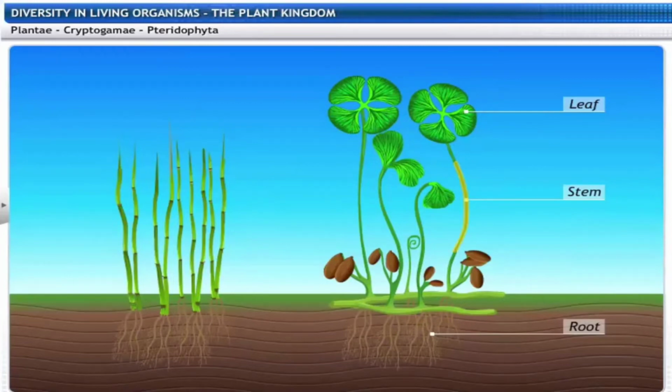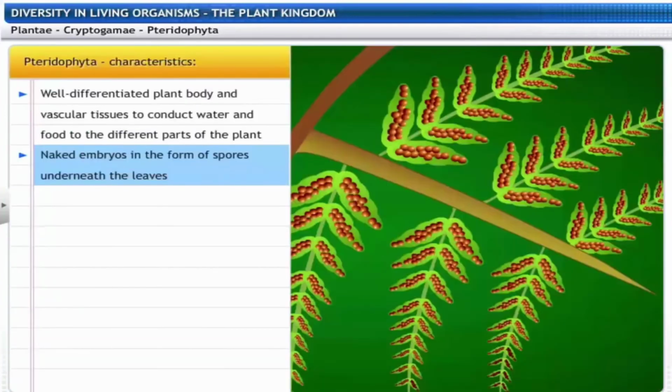And they have specialized tissue for the conduction of water and other substances from one part of the plant body to another. Like thallophytes and bryophytes, pteridophytes also have naked embryos in the form of spores underneath the leaves.